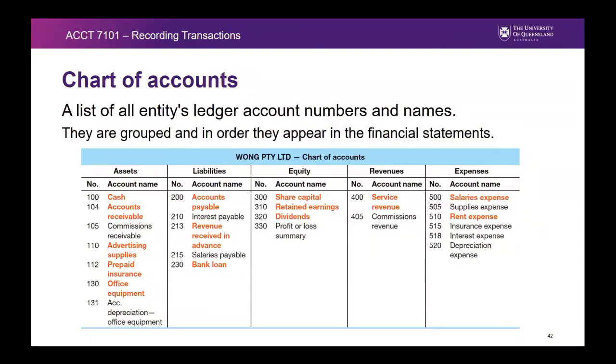So if we're running a business, then we might assign numbers to particular account names for our records, and if we've got a computer and software, then that's often assigning numbers too. So this is more mechanical procedural. It's not so important in understanding accounting. But this is what's called a chart of accounts, where we're listing our different account names and we're assigning them to numbers.